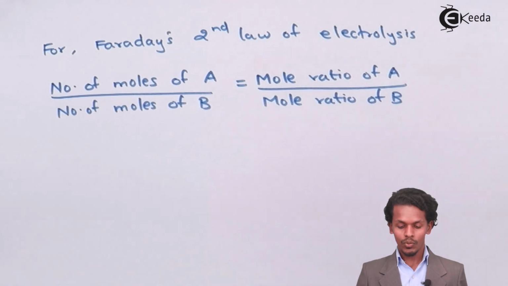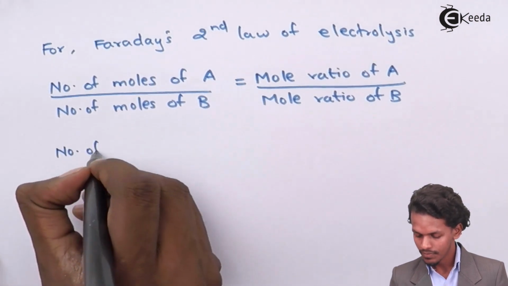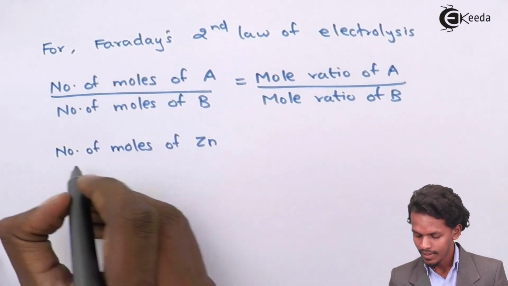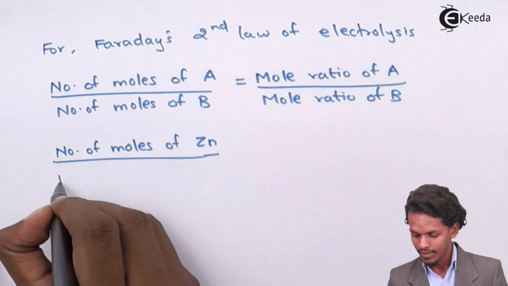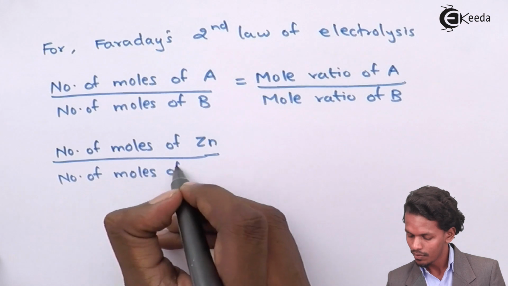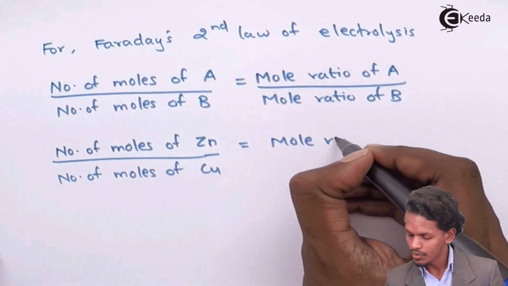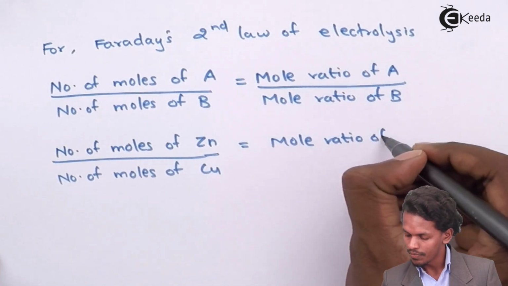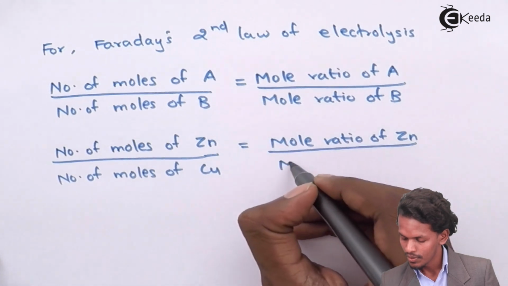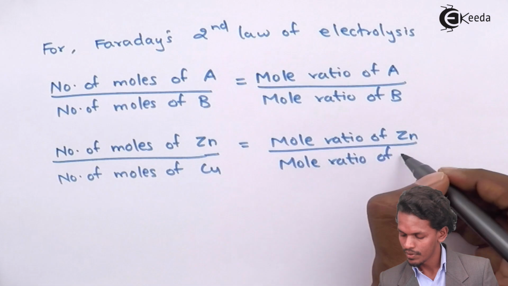So we could write the number of moles of zinc divided by the number of moles of copper, which is equivalent to the mole ratio of zinc to the mole ratio of copper.